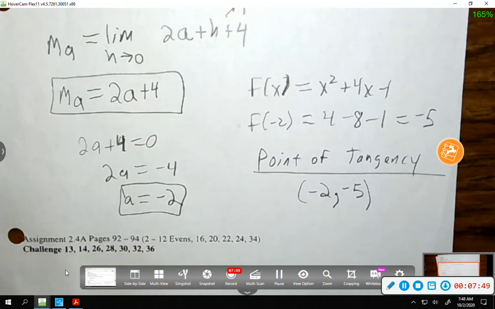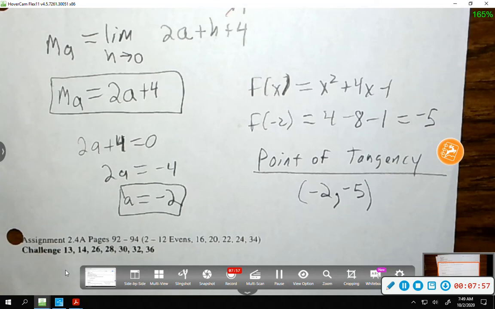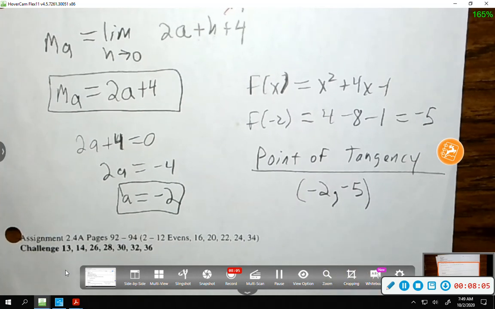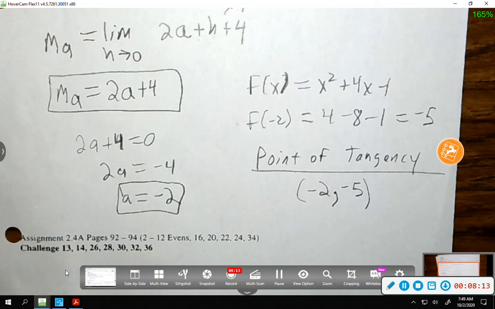Now, let's make a connection here. If we have a horizontal tangent line for a parabolic function, doesn't it make sense that that would be at the vertex? This is really just the vertex. And you might say, well, I knew it was the vertex beforehand. It makes sense to me that the horizontal tangent line is at the vertex. Can't I just find the vertex by going -b over 2a or by completing the square?